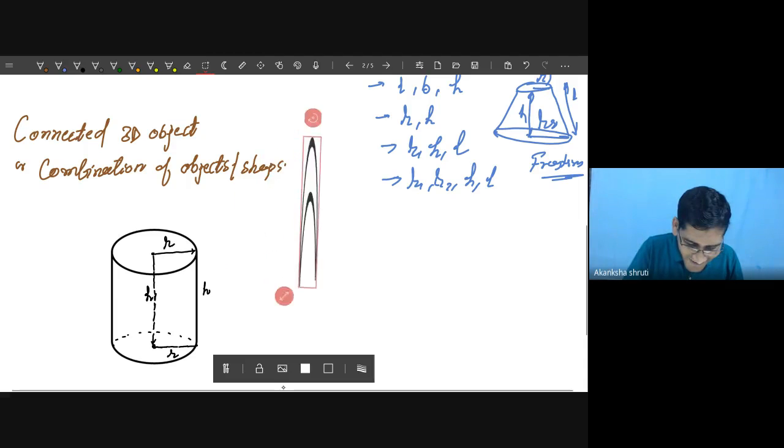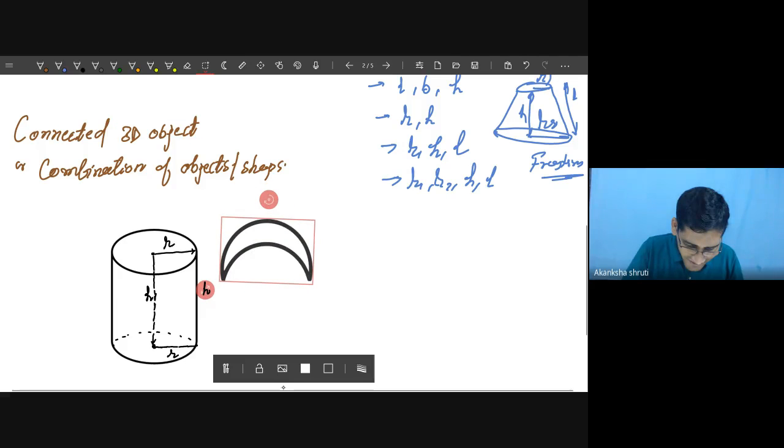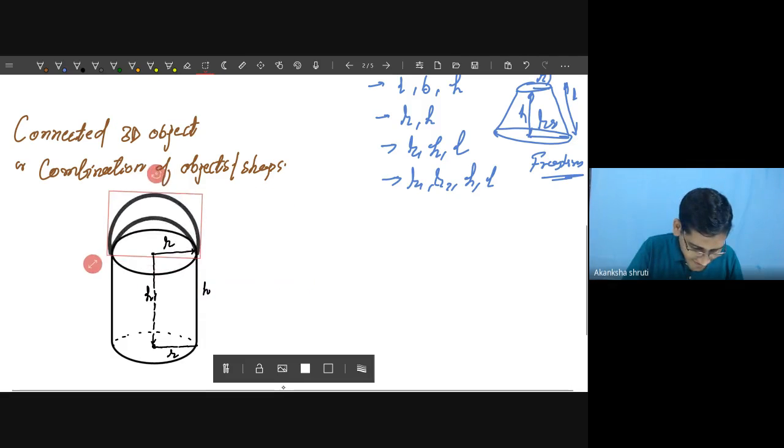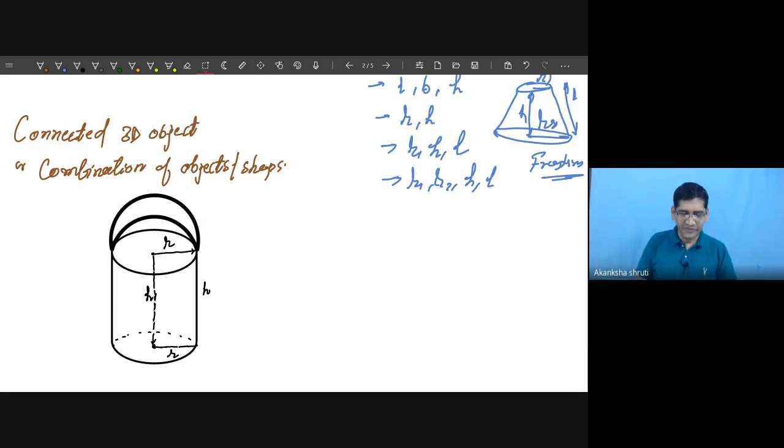Difficult to draw. Let me draw by the finger itself. We may consider it like this. See, this is the representation of a sphere.